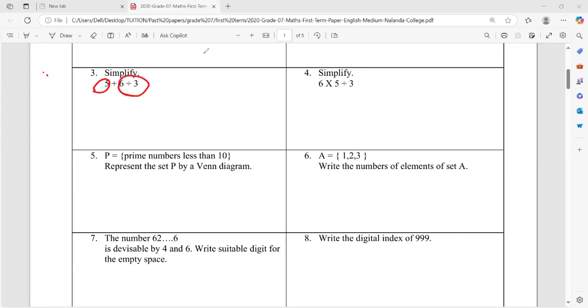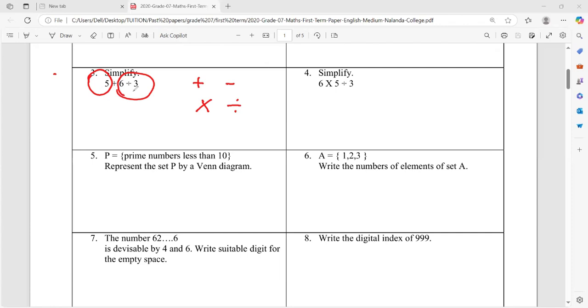And also you may have learned this BODMAS, which I have taught you. Here you can use BODMAS. Otherwise, you can use this method. So you have to understand that this is a term and this is another term. Actually, the plus mark or the minus mark separates the terms, and multiplication or division do not separate the terms, right?